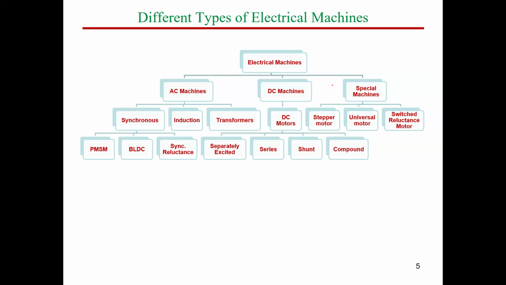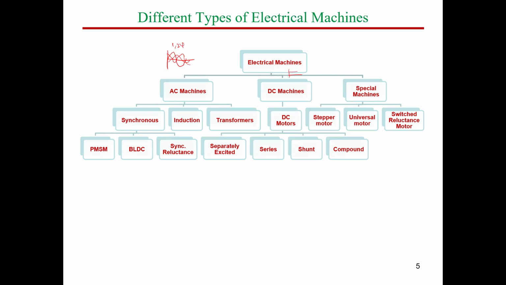According to the supply type, the supply could be AC. AC means pure AC supply, single phase or 3-phase, sinusoidal supply. We have DC machines, which are supplied by a DC source.